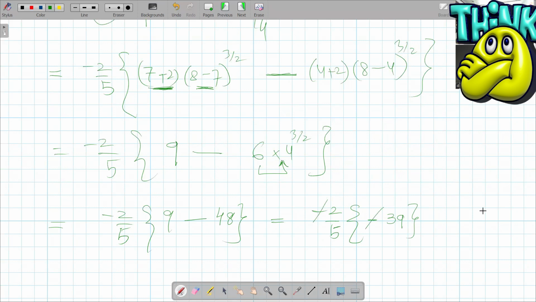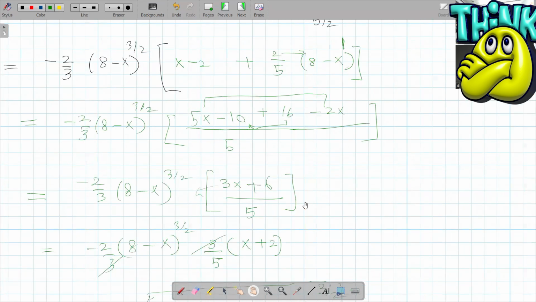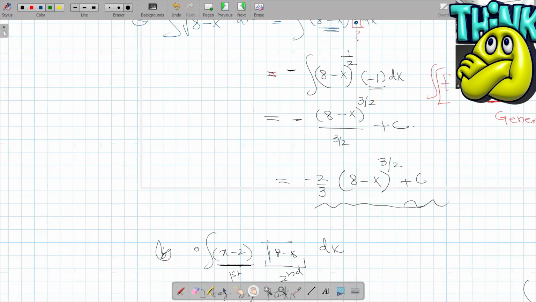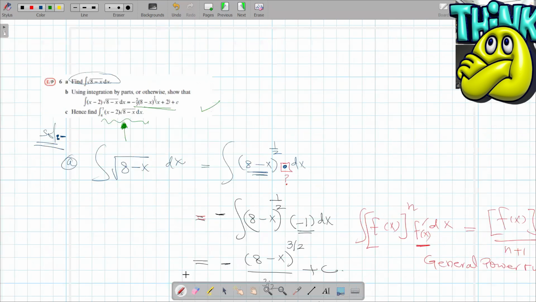Negative negative will be cancelled, and 39 times 2 is 78 over 5. 78 over 5. You need to check the answer if it is correct or not. I think it is 78 over 5.